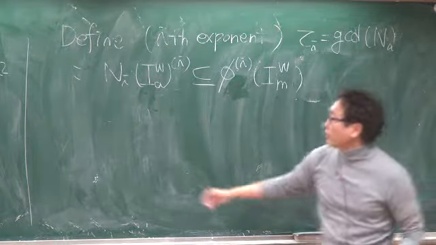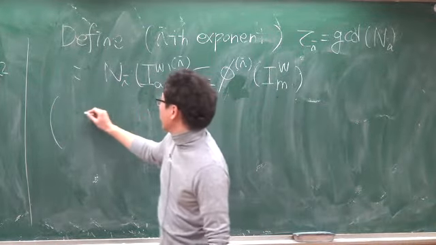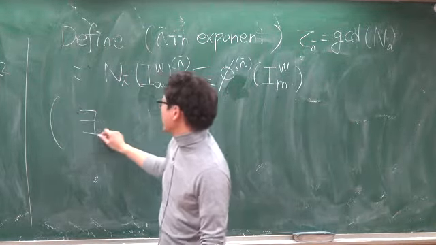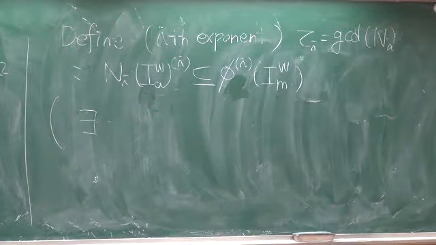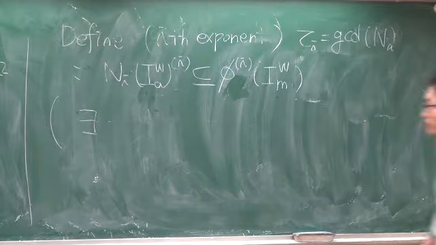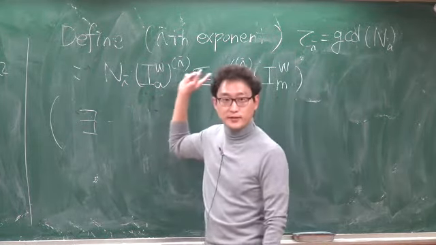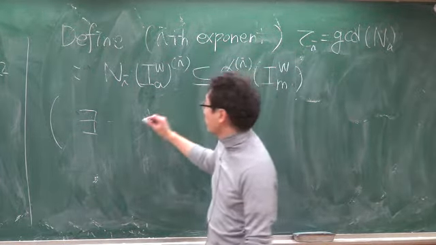However, if we consider the case when W is a Weyl group and Lambda is a Weyl lattice, then there exists this tau i.